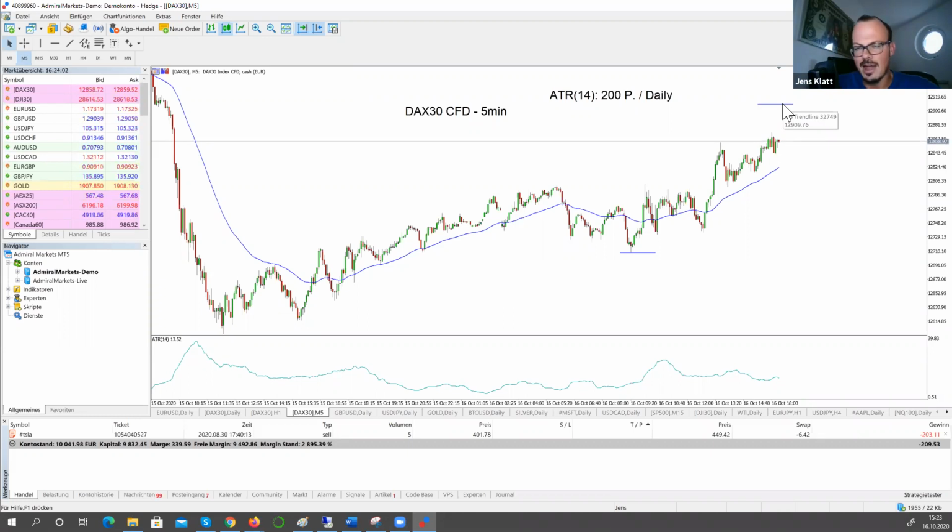So if you do not have a long position in the DAX now, the question you should ask yourself is, how much potential do I see on the upside, and how much risk do I have to take for this upside potential? How much risk do I have to take here to ride this wave or to do the trade?